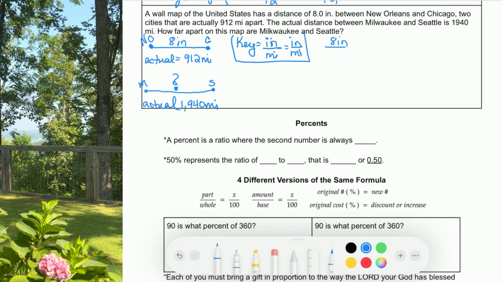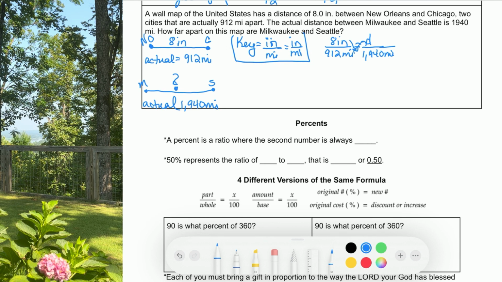So my first ratio, I had 8 inch to 912 miles. My second ratio, I don't know the inch, so let's use D for distance. We do know the mileage. It's 1,940 miles in actual life.